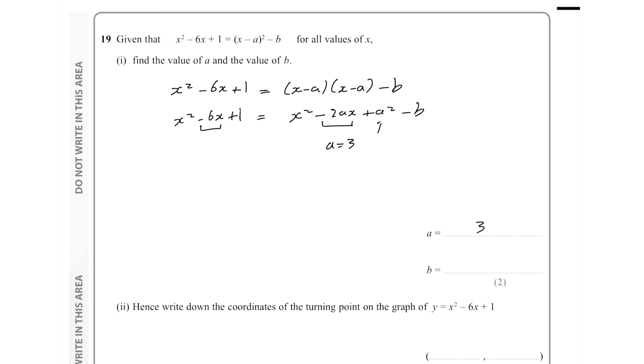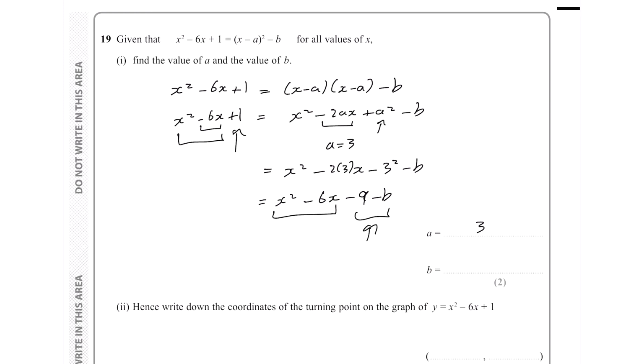I could put a into there, so that basically becomes x squared minus 2 times 3x plus 3 squared minus b. So that becomes x squared minus 6x plus 9 minus b. Now I have this, which matches this bit, and we're left with the plus 1. How do I turn this into a plus 1?